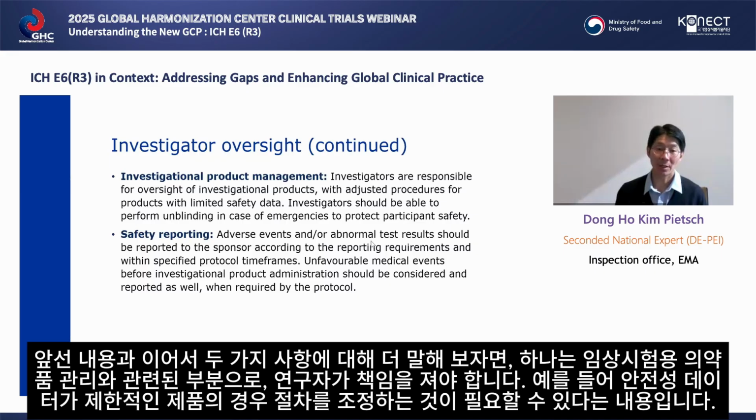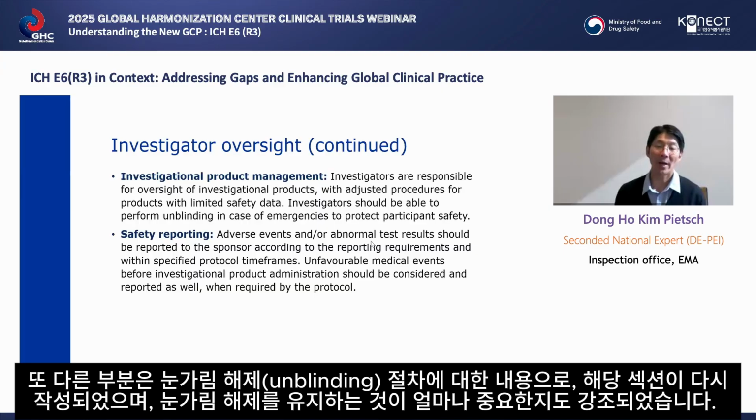Just two more very briefly, in relation to the IP management, that they're responsible, but there may be adjusted procedures, for example, for products with limited safety data.